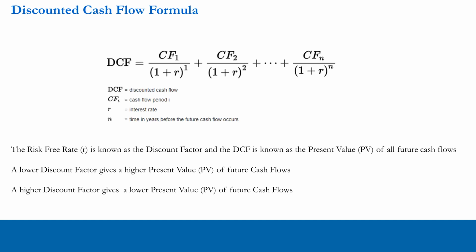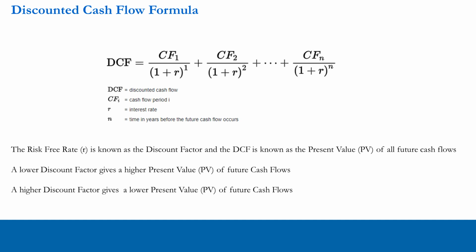Well, a very important formula used by equity markets to value companies is the discounted cash flow formula. And if you look at the formula here, the DCF, the discounted cash flow, the present value of all future cash flows is the DCF.